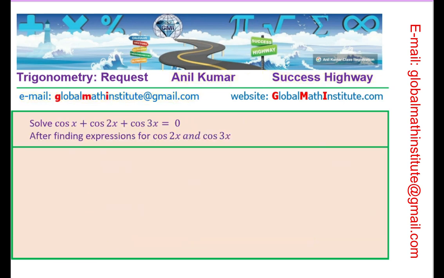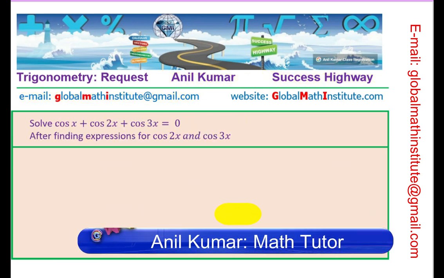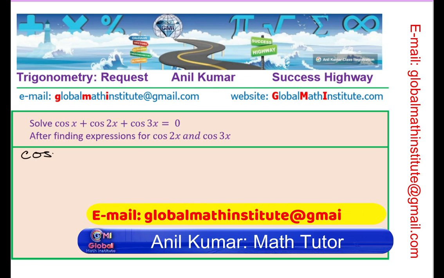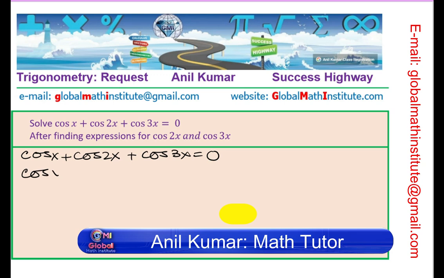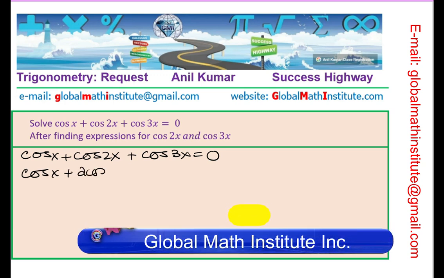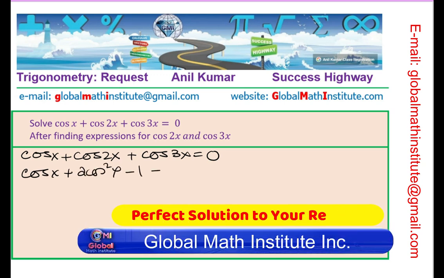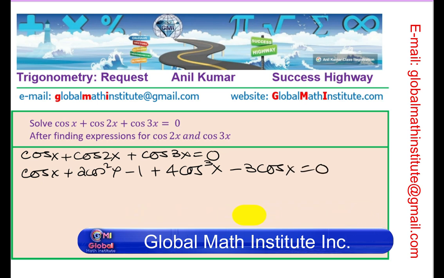Substitute all these things in the given equation. So this equation, cos x plus cos 2x plus cos 3x equals 0, can now be written as cos x plus 2 cos square x minus 1 plus 4 cos cube x minus 3 cos x equals 0. Is that clear to you?